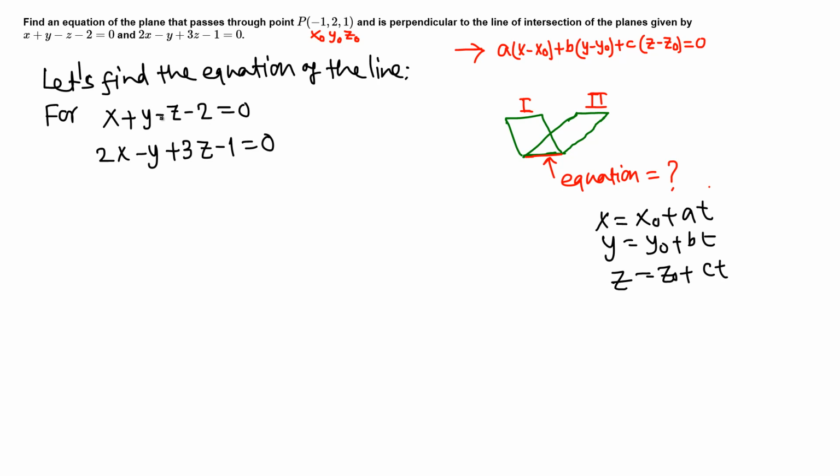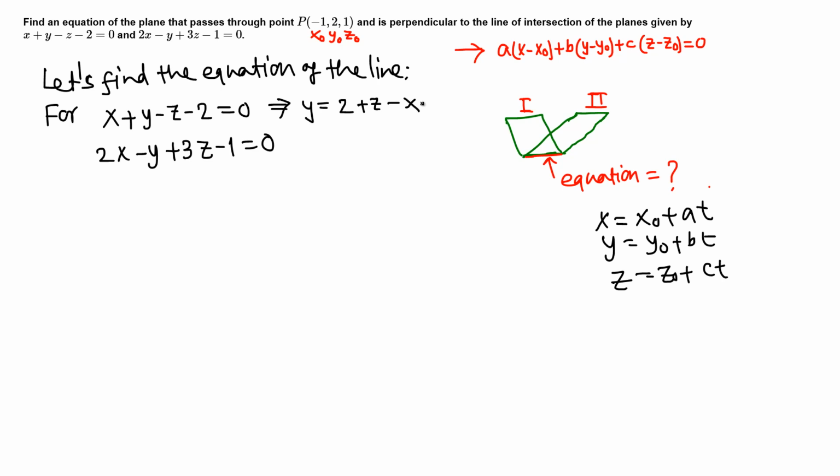Or let's look at here, we can solve this equation for y, and we can also solve the other for y. We can solve for x or z, but let's solve for y and take x equals any value. If we isolate y, let's move the 2 to the other side, add z, and subtract x.